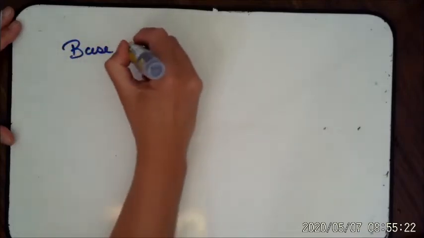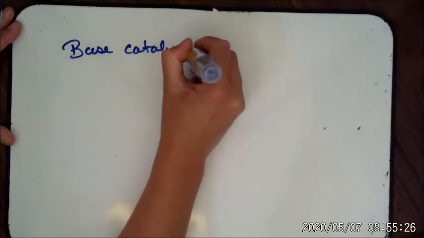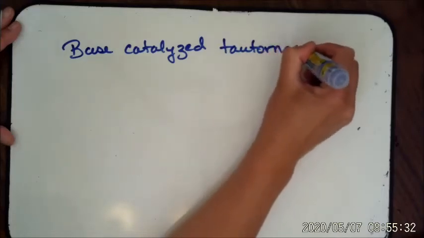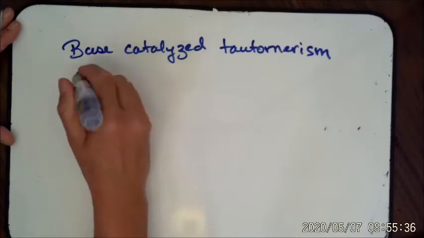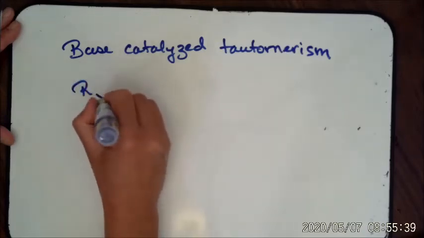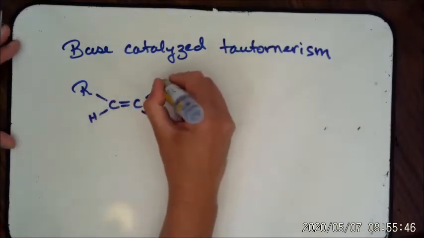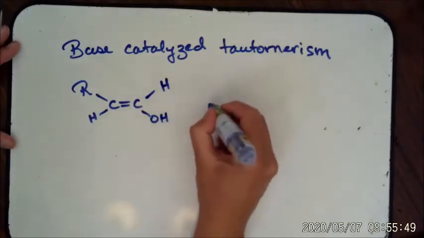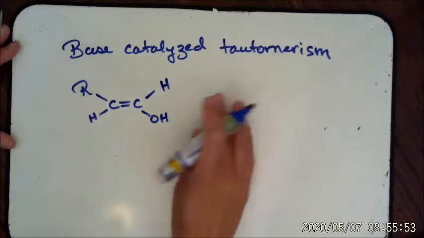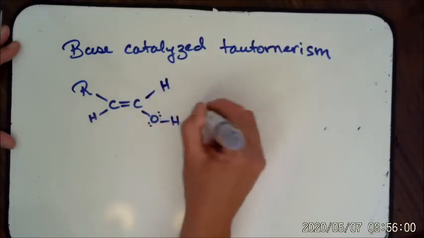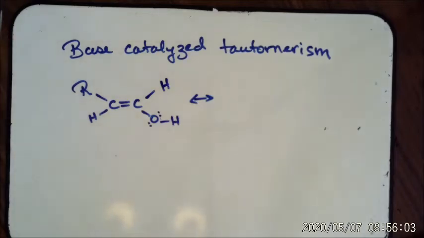So the mechanism for base catalyzed tautomerism looks like this. You again form your enol.